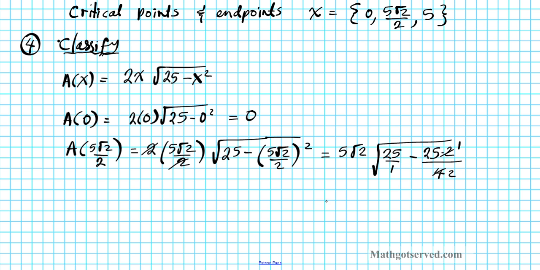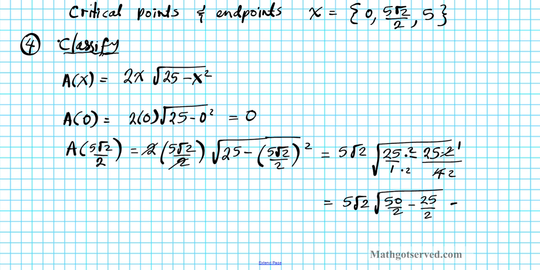So we have 5 root 2 times the square root of 25. We can just multiply this by 2 top and bottom to have the same denominator as this fraction here. So it's going to be 50 over 2, minus 25 over 2.